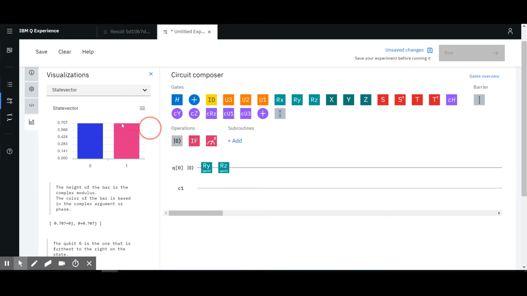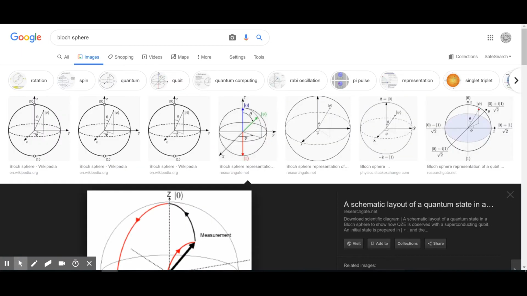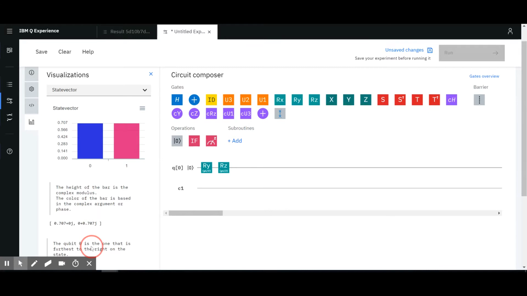Oh, but why is it pink? Why is it pink? Because I'm in the complex side of things. But if I do a Hadamard and a Z rotation, it's pink.